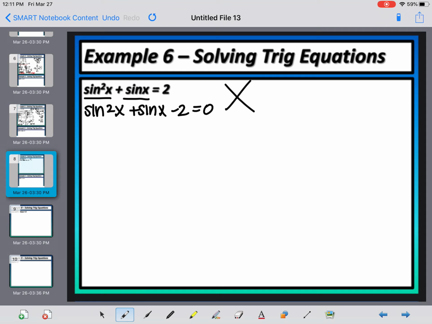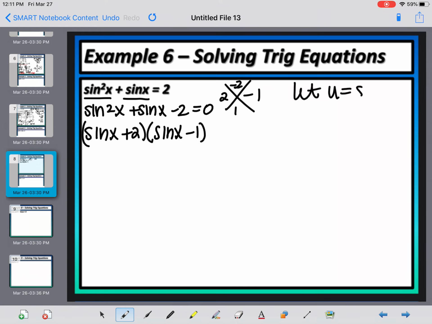And this is now going to be factored, okay, with big X. This is a trinomial. Okay, so your u substitution here is let u equal sine x.